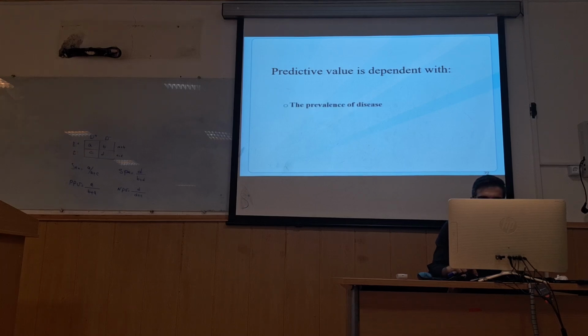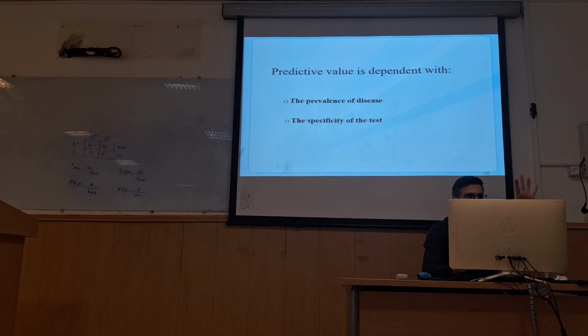One of them is the prevalence of disease, and another is the specificity of the test. It means sensitivity and specificity of a test are inherently stable in many populations, in general.